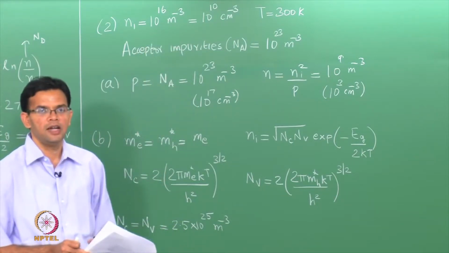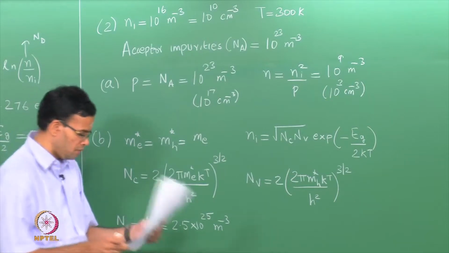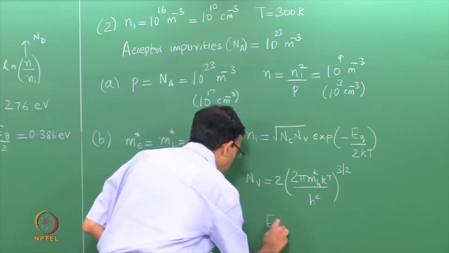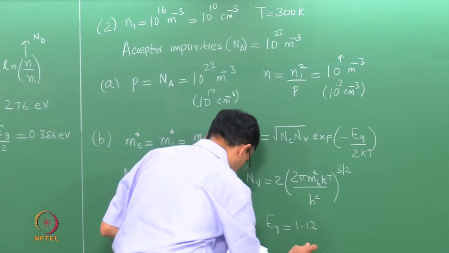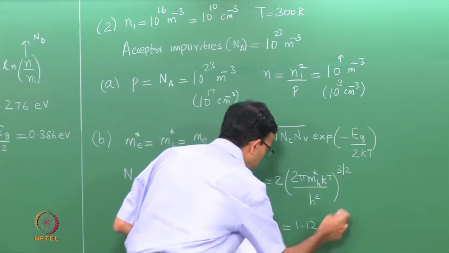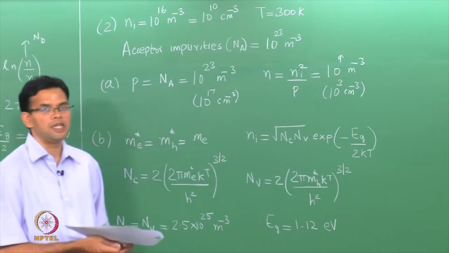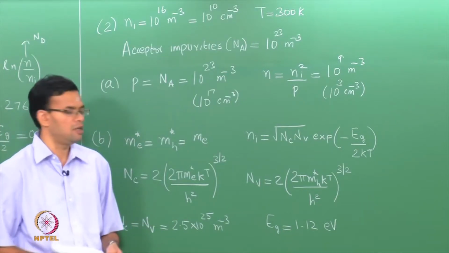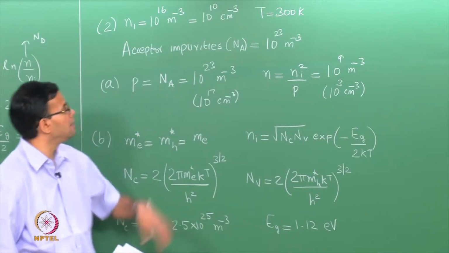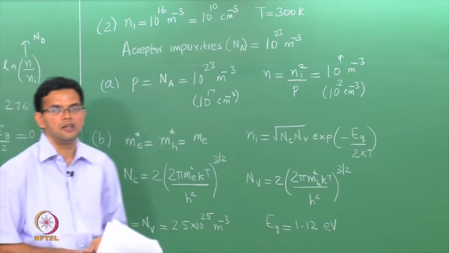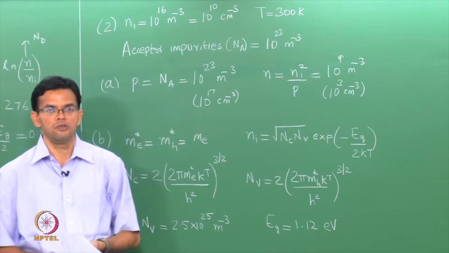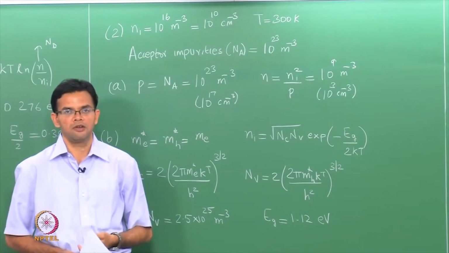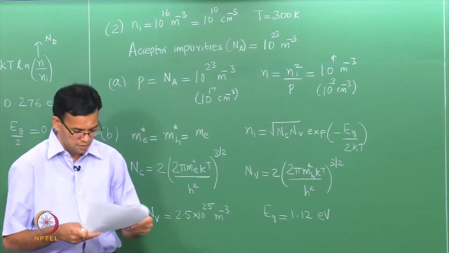So, we can go ahead and calculate Eg. The value of Eg is 1.12 electron volts. Once again, the material that we are talking about here is silicon. You can clearly see that Ni is 10 to the 10 per centimeter cube, which is what the room temperature intrinsic carrier concentration of silicon is.